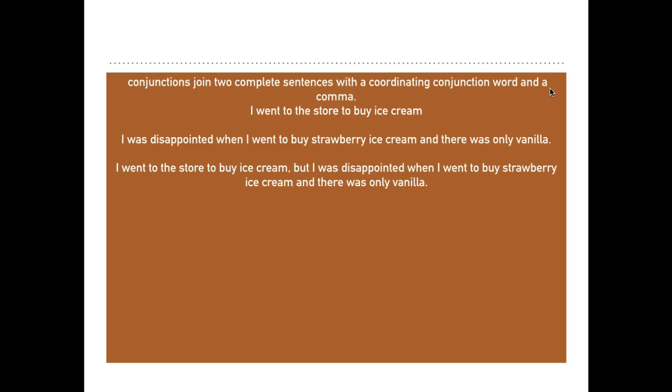Here the coordinating conjunction is but. I went to the store to buy ice cream, comma, but I was disappointed when I went to buy strawberry ice cream and there was only vanilla. So here we have two independent sentences, and they're long sentences, and you want to combine them and make them one. What you would do is add a comma and a coordinating conjunction, one of the FANBOYS, and link these two sentences together, and you would have a full and complete sentence.